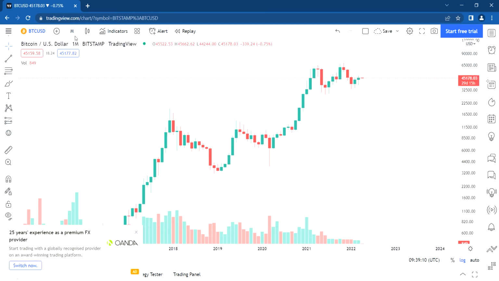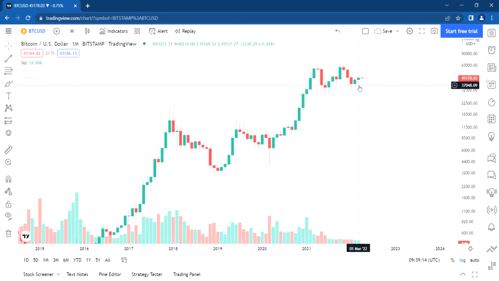And over here on the left, we have the monthly. So this represents that every single one of these candles, call them candles, of price action is 1 month, right? 1 month, 1 month, 1 month.